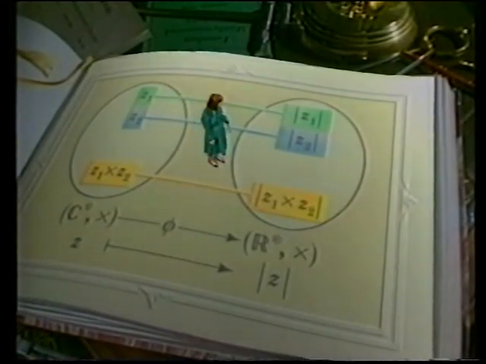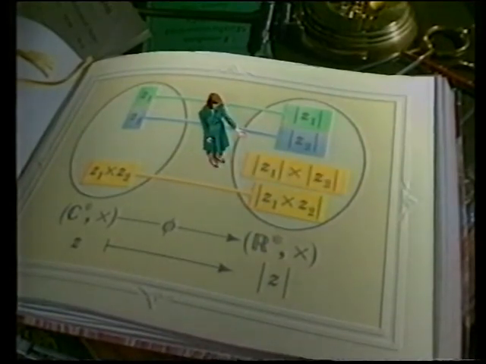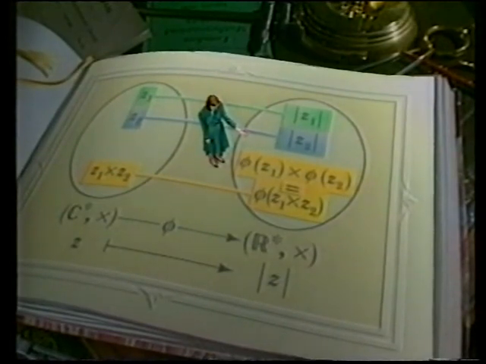But the product of these two real numbers is just mod Z1 times mod Z2. For any complex numbers, these two expressions are always equal. Rewriting this in terms of phi, the image of the composite is equal to the composite of the images. So, phi is a homomorphism.